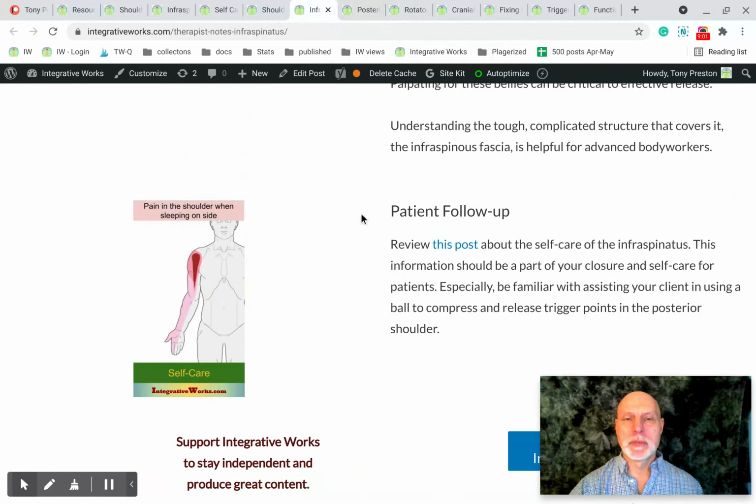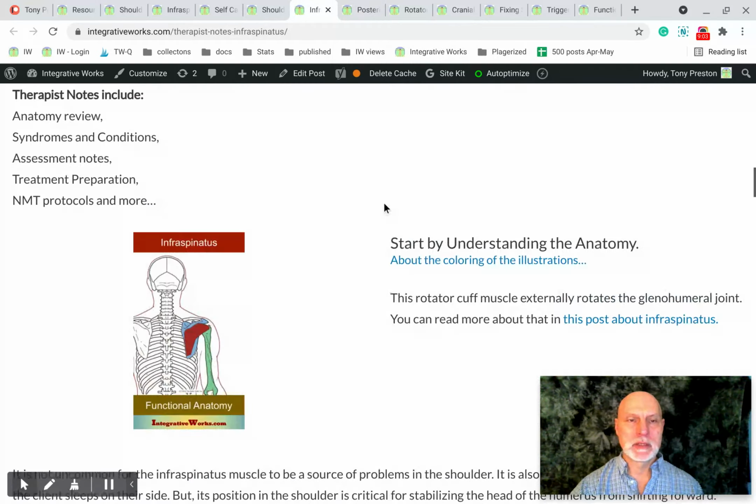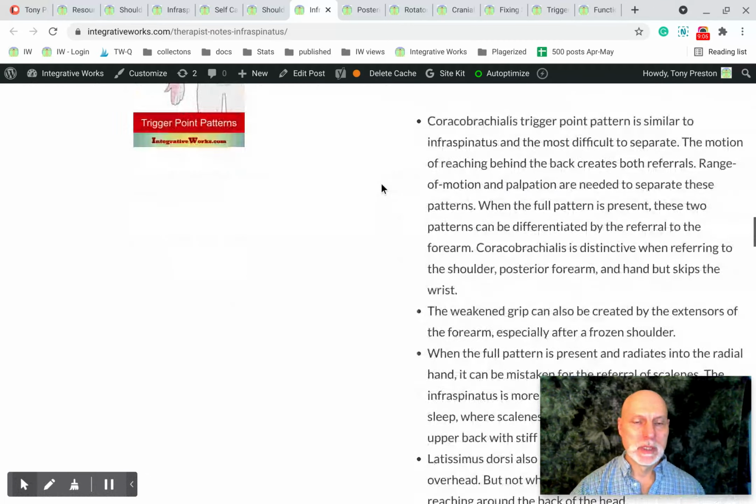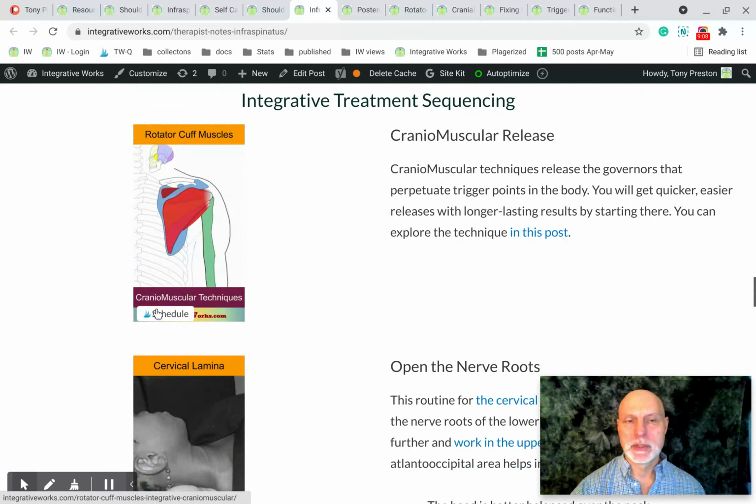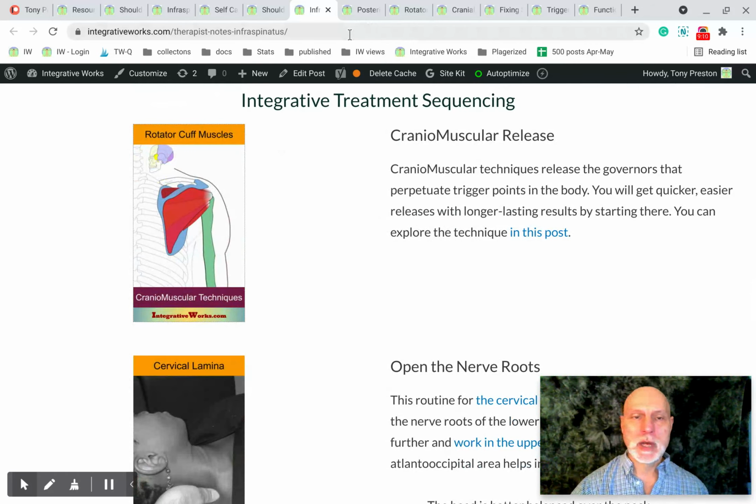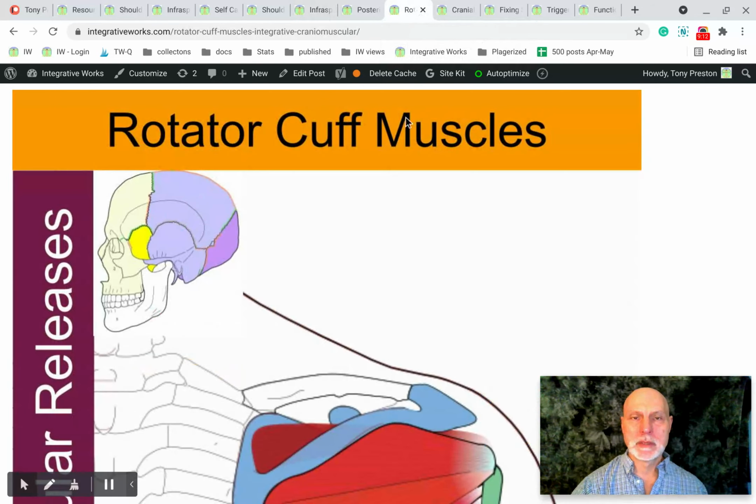In this bodywork post, one of the things that I talked about was this whole idea of a craniomuscular release. So I've taken and created a post on that craniomuscular technique.